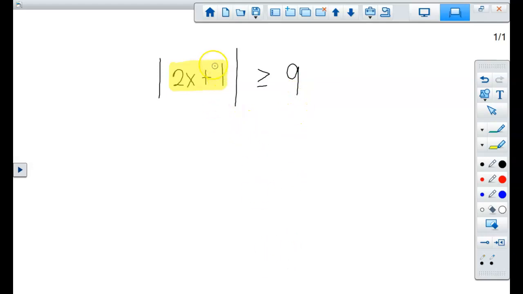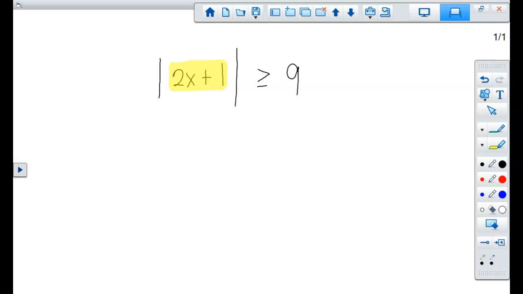So that means that 2x plus 1 is 9 or more spaces away from 0.